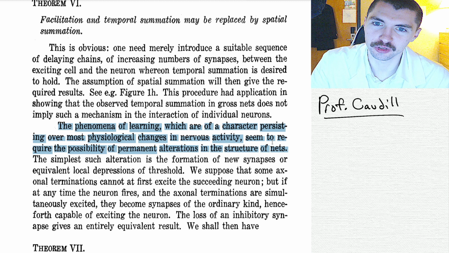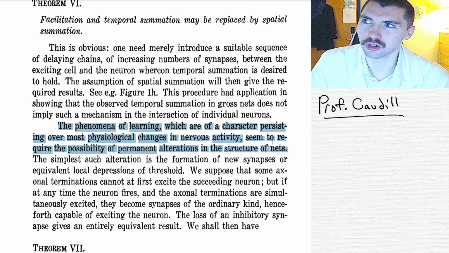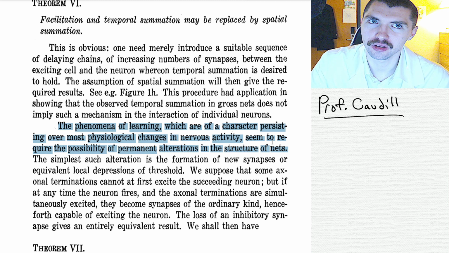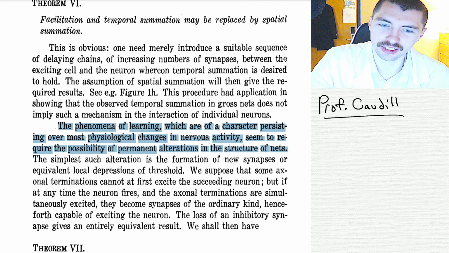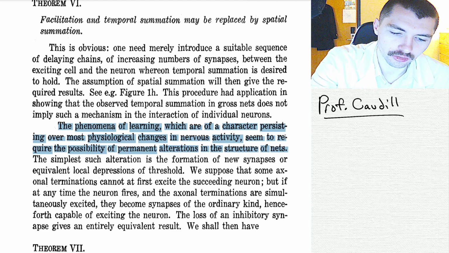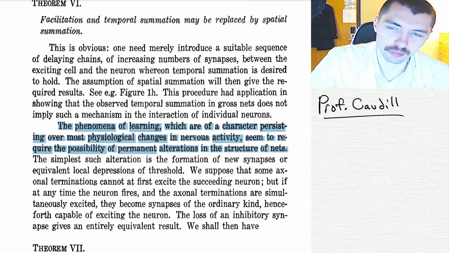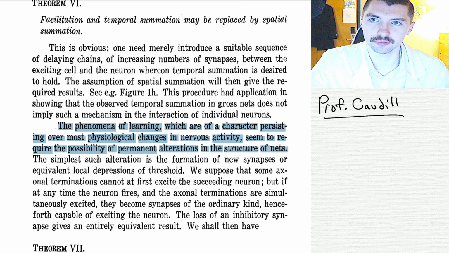For example, if you're learning how to throw a ball, the neural pathways associated with throwing the ball might get strengthened. Or if you have several techniques to throw a ball, the one that lets you throw it the furthest might get reinforced more.